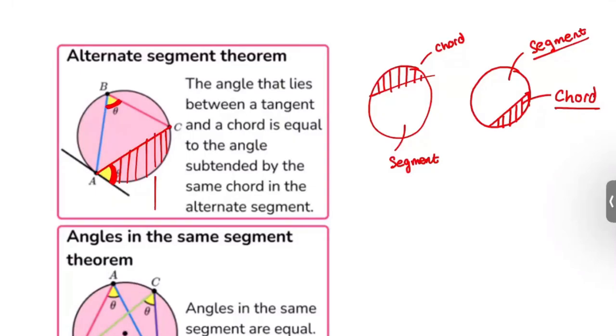Alternate means the other, and segment is the larger part of the circle. So the other large part of the circle, and the only angle that we can see is this angle that I've highlighted in red. Both of those angles will be the same. That's what the alternate segment theorem states.